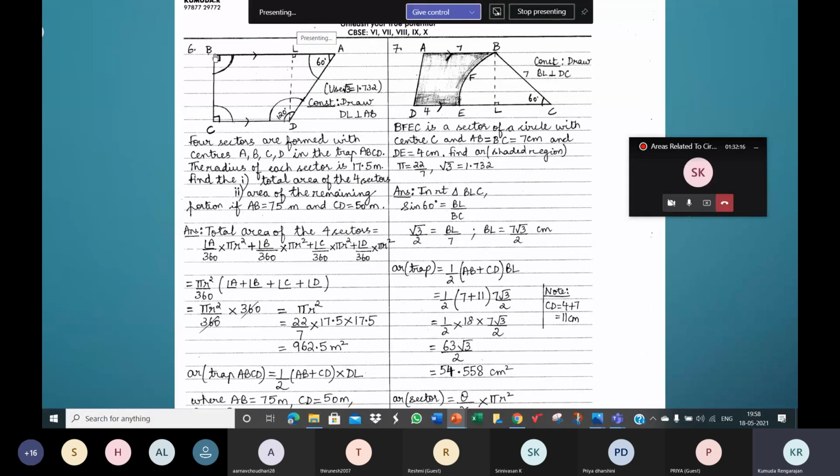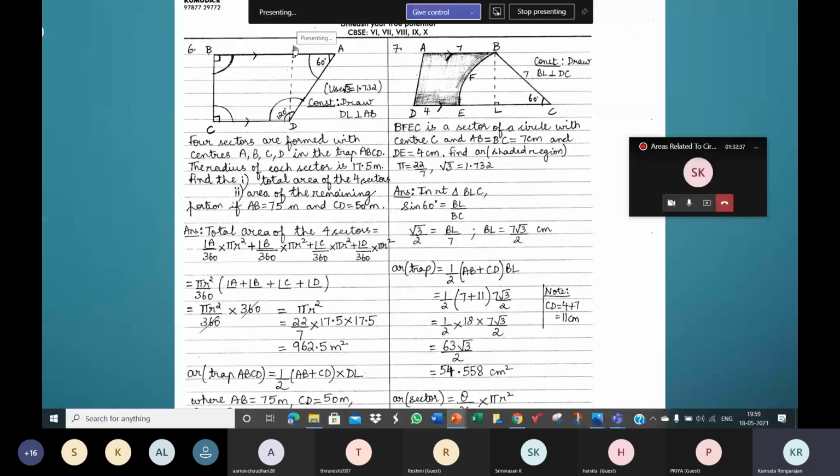From here to here is 75 and LB is 50. So that means AL is 25 meters. I'll come again. AB is 75 given, CD is 50, that means BL is also 50. So 75 minus 50, AL is 25.